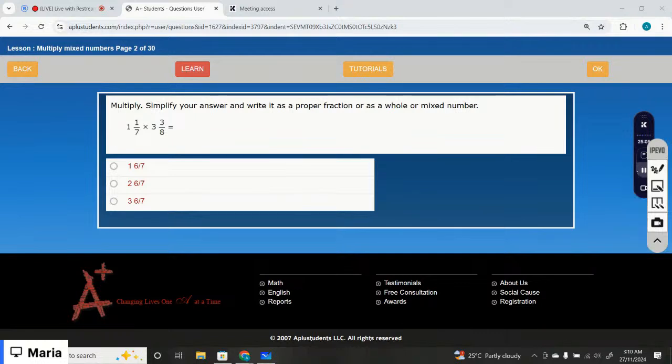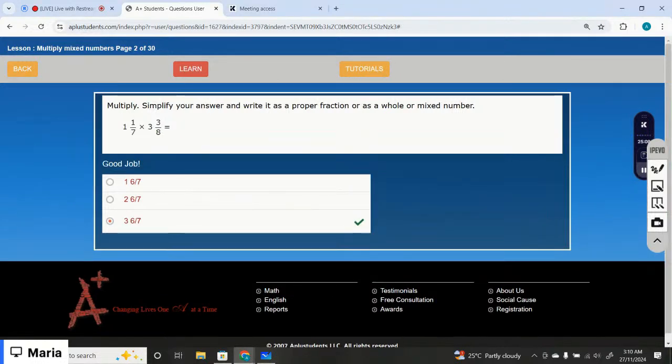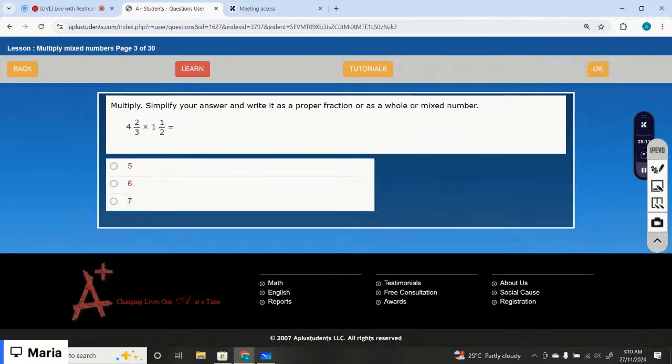Option number 2 is the correct option. 4 whole 2 by 3 times 1 whole 1 by 2.